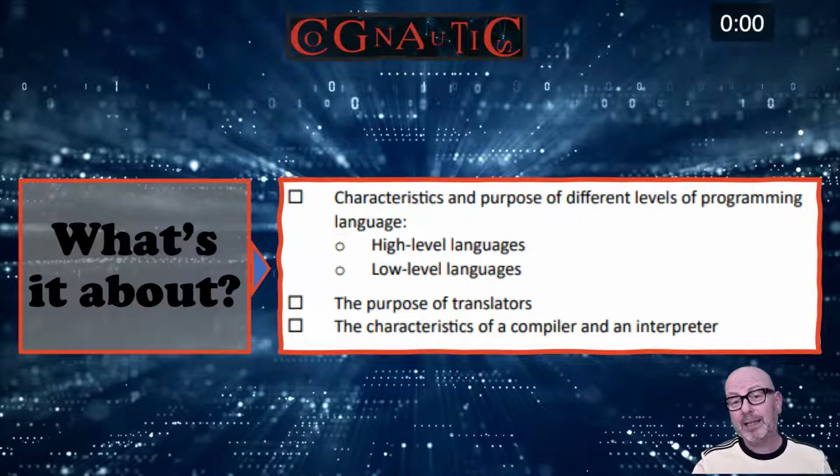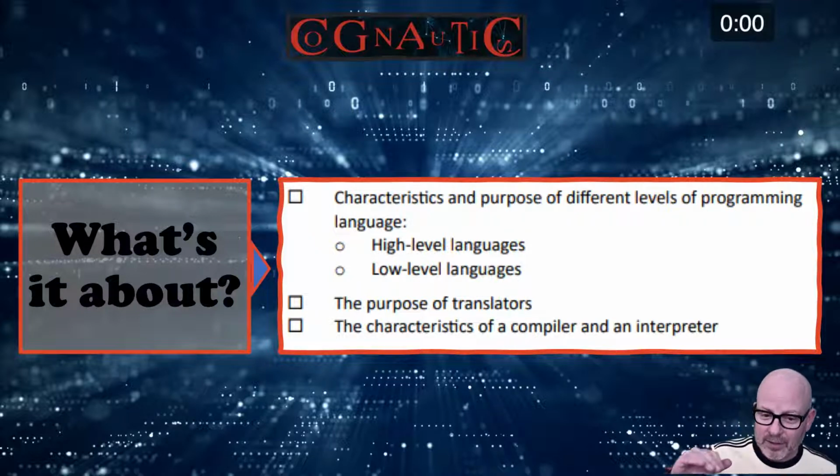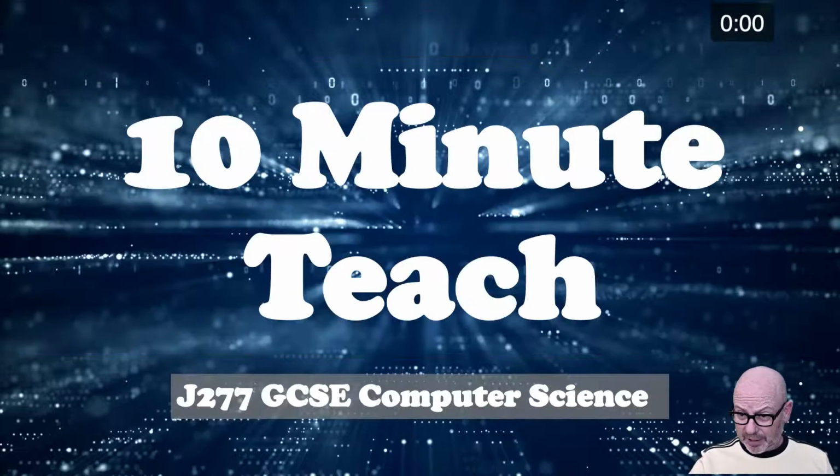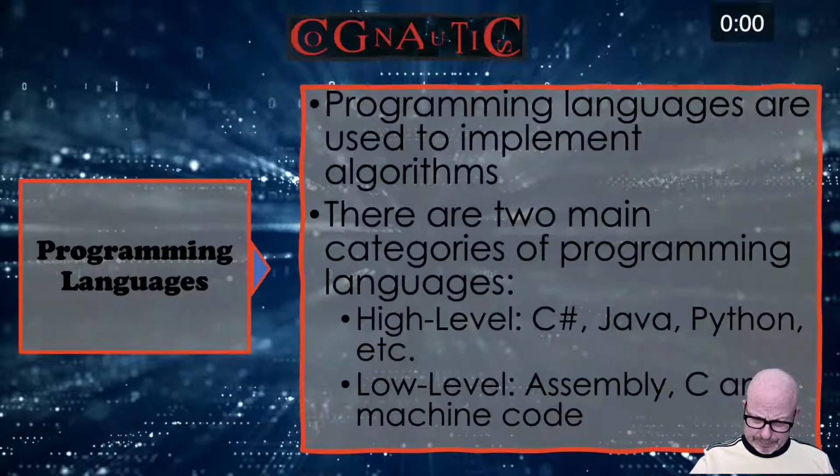We'll look at high level versus low level languages first, and then we'll look at translators and the 2 flavors of translators, the compiler and the interpreter, and the benefits and disadvantages and the characteristics of both. That's the grand plan. Easy peasy.